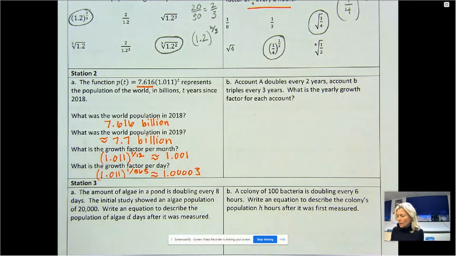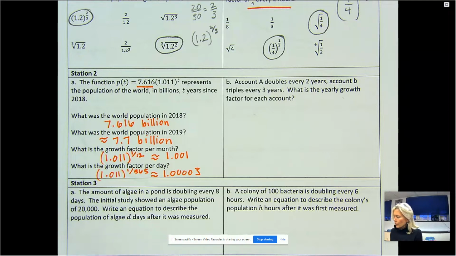All right. The second question on station 2, Account A doubles every 2 years. Account B triples every 3 years. What is the yearly growth factor for each account? So yearly, meaning 1 year.